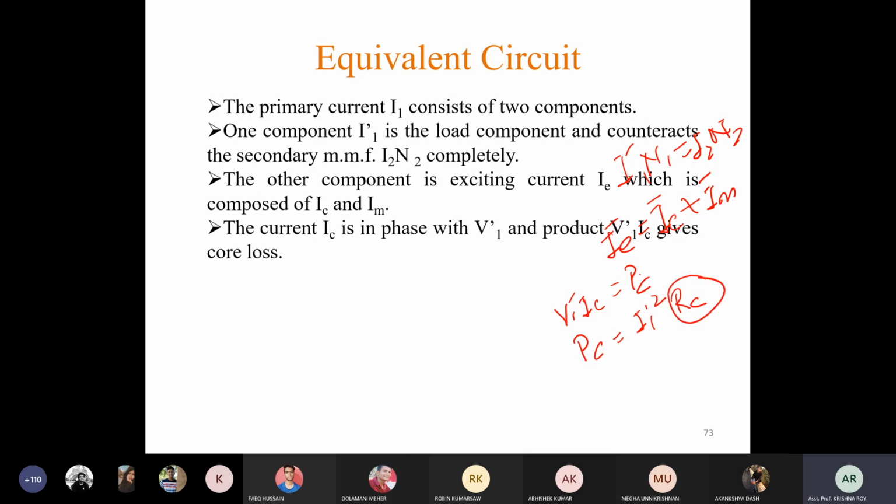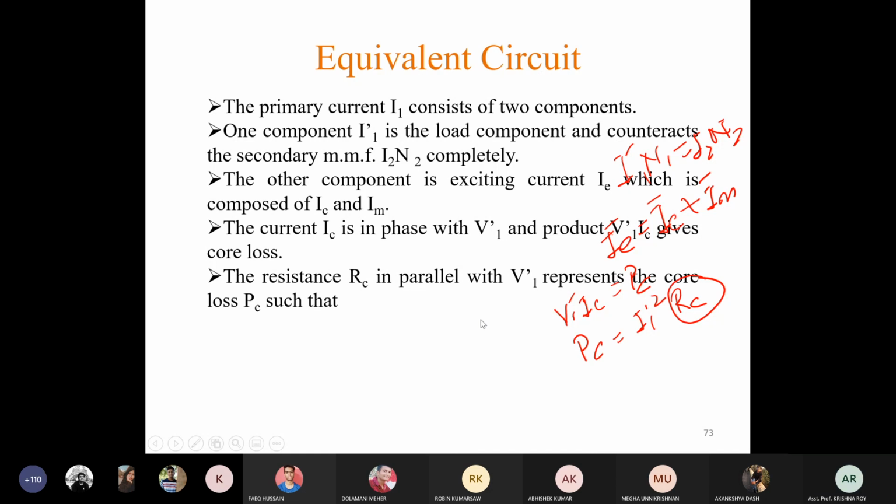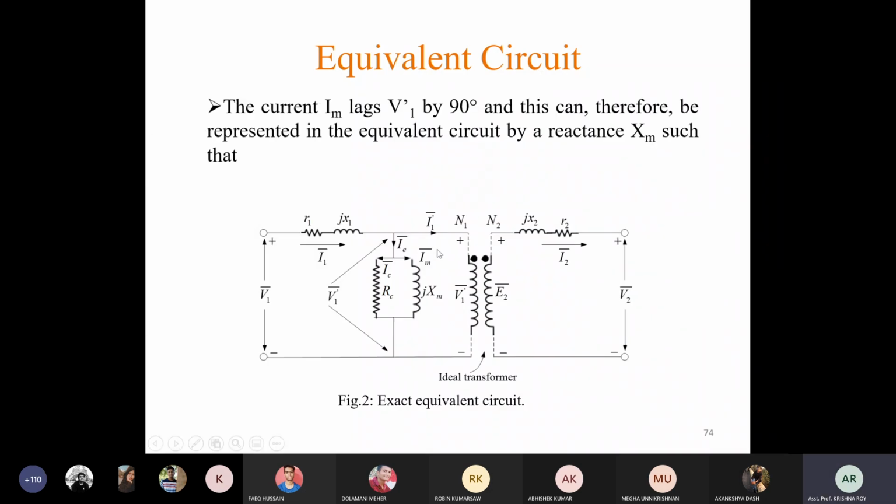So this RC is the core loss resistance, and the second component IM lags the voltage V1 dash by an angle of 90 degrees. So this is a reactive component. Xm is the magnetizing reactance, which is related by the equation Xm equals V1 dash by Im.